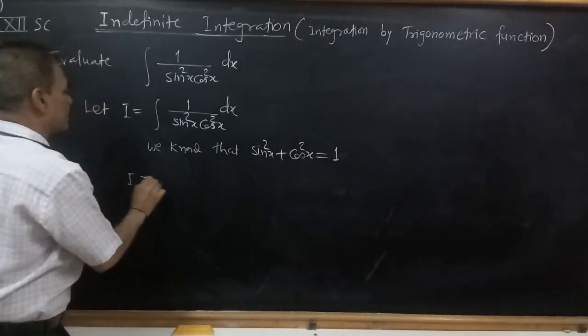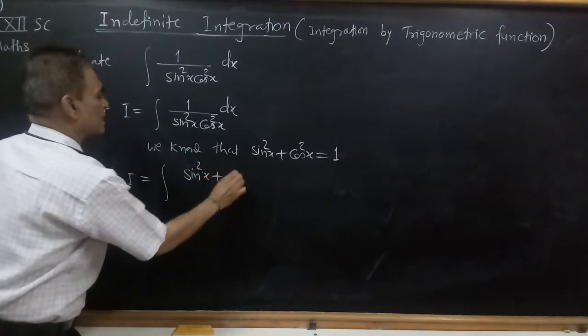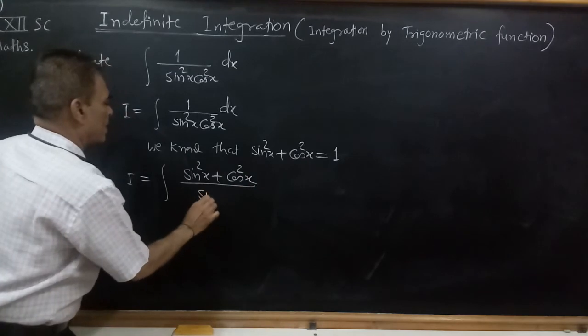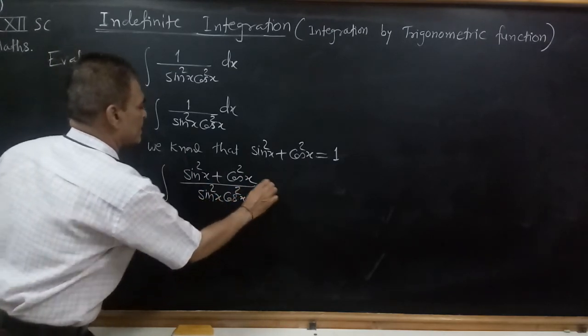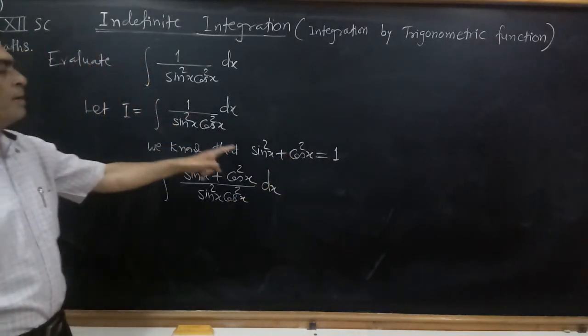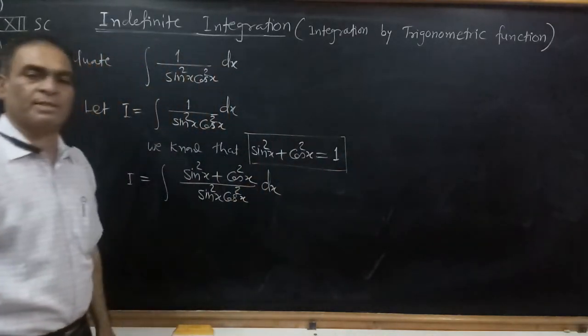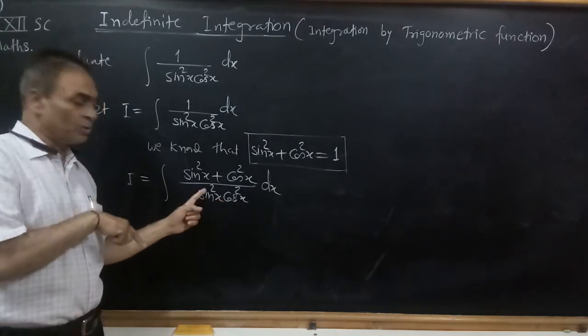Therefore, I is equal to integration of sin square x plus cos square x divided by sin square x into cos square x dx. Replace 1 by the fundamental identity sin square x plus cos square x equal to 1. Here the denominator is the same, that's why it is written only one time.